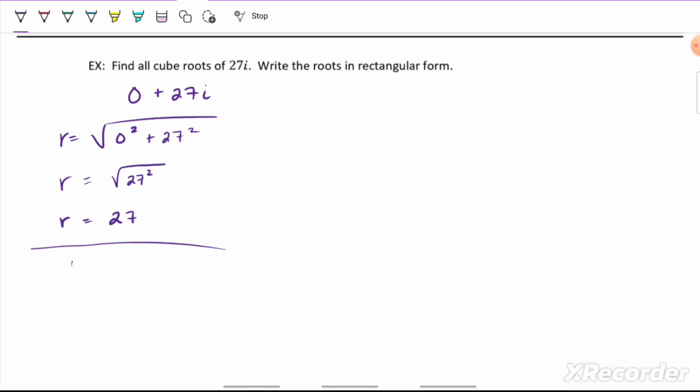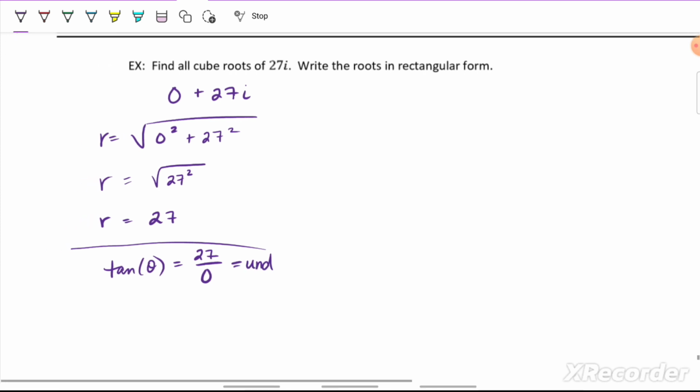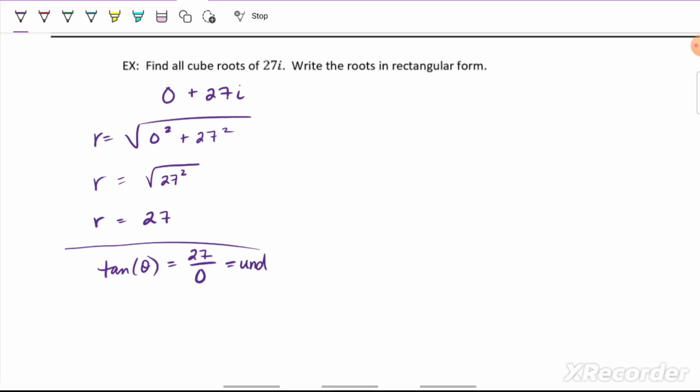To find our theta, we're going to use the fact that tangent of theta is equal to 27 over 0. It's our y over x, which is undefined. Our tangent is undefined in two places, at 90 degrees and at 270 degrees. We just need to figure out which one we want.